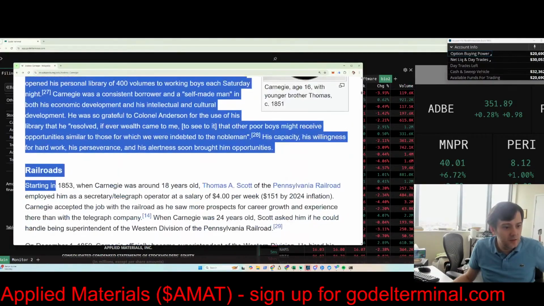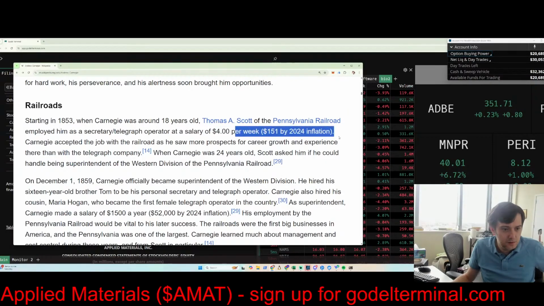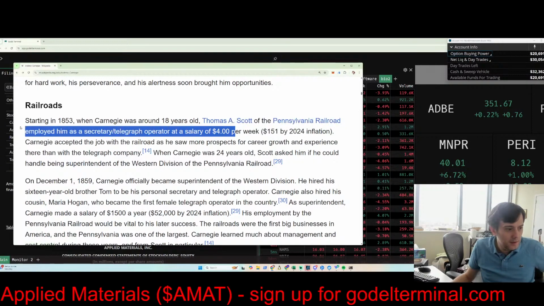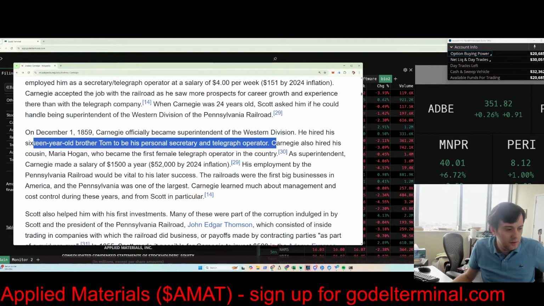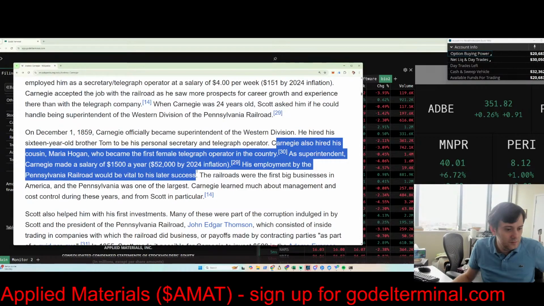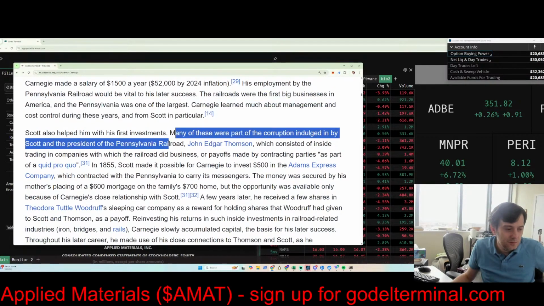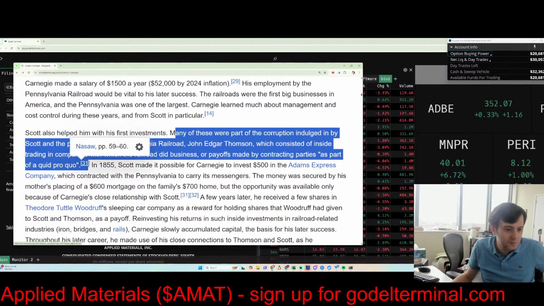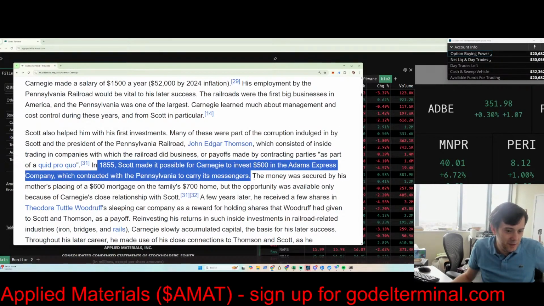He was 18 years old. He became a telegraph operator at the Pennsylvania Railroad. And then he became the superintendent. He invested $500 in a messenger company.